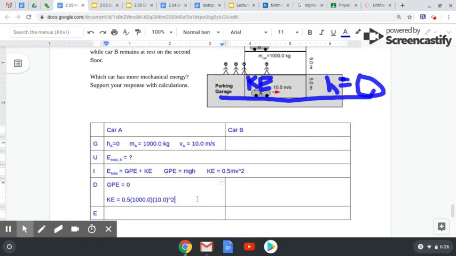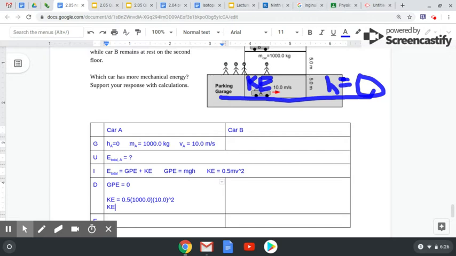When we calculate that, 10 times 10 is 100. 100 times 1,000 is 100,000. Half of 100,000 is 50,000 joules.